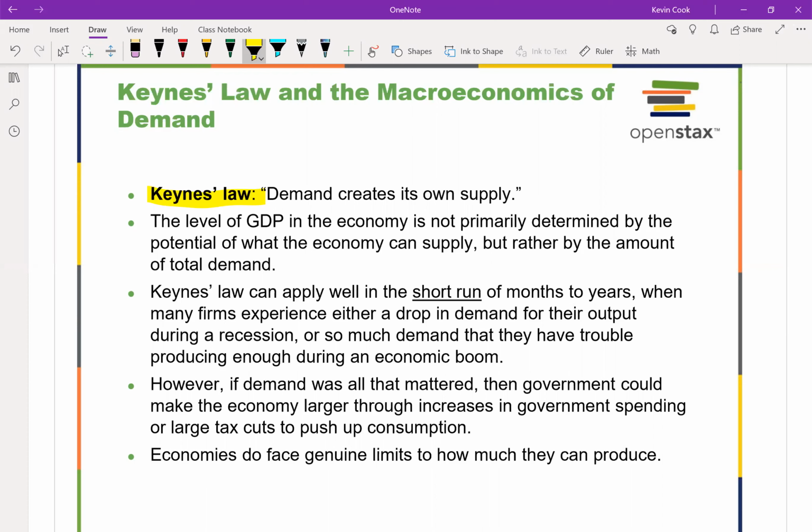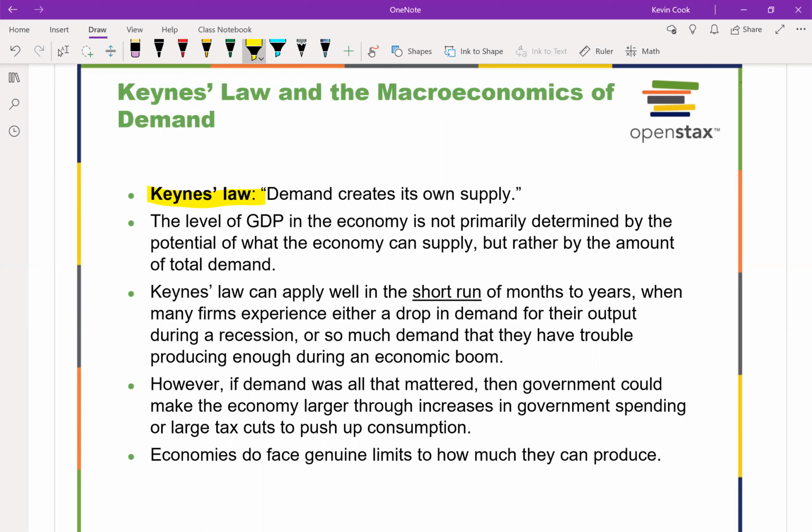The other side of this, though, is if demand was all that mattered. Suppose that Keynes' law was 100% there. If demand was the only thing that mattered, then we ought to just go out and break stuff, like break windows, break everything. Because if we break stuff, then we have to hire somebody to create new glass, or recreate whatever was destroyed, which would technically get $1 spent, but that dollar could have been spent somewhere else, and so on.